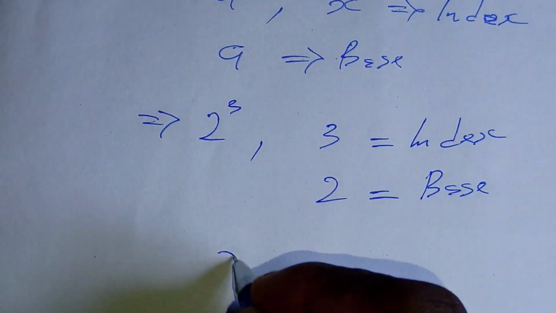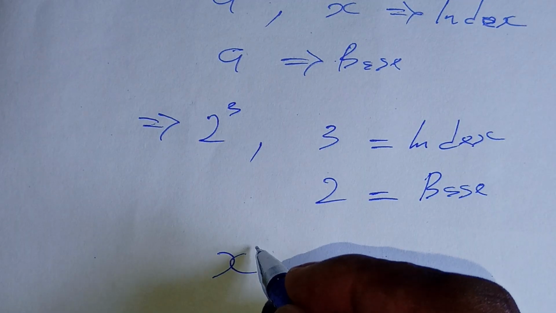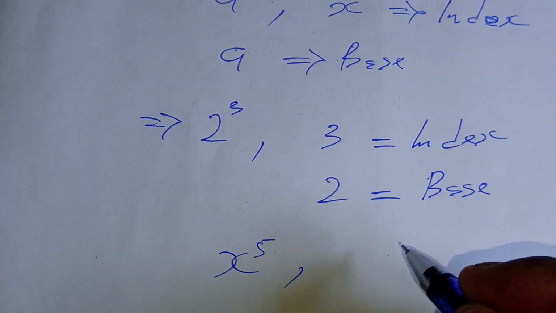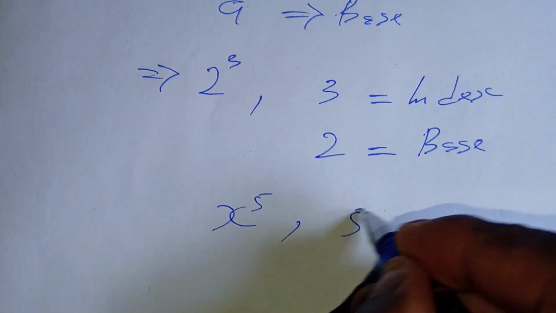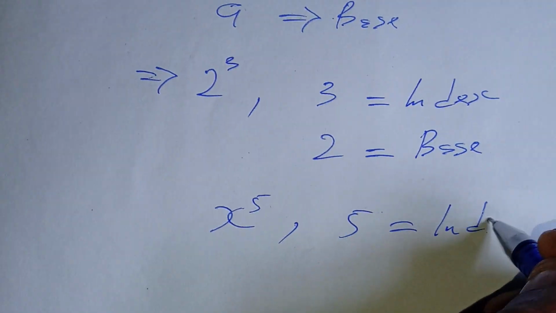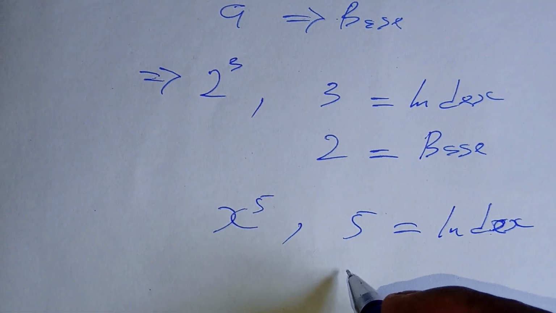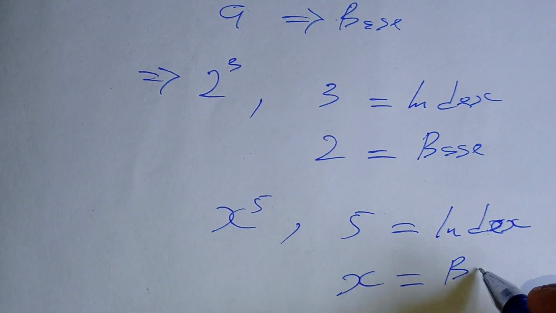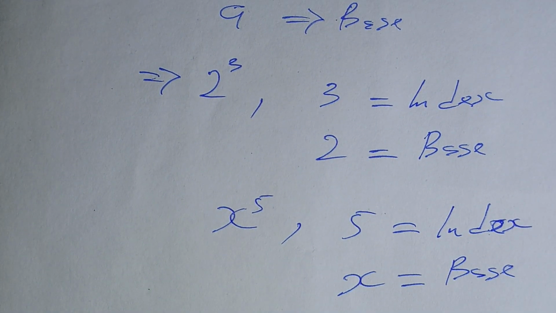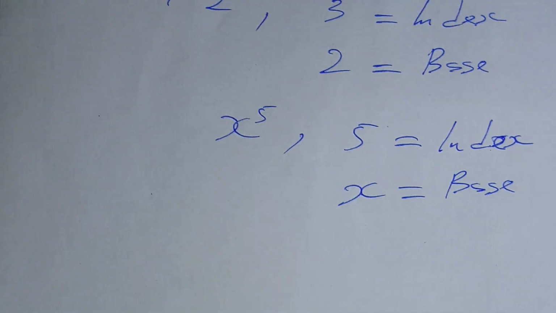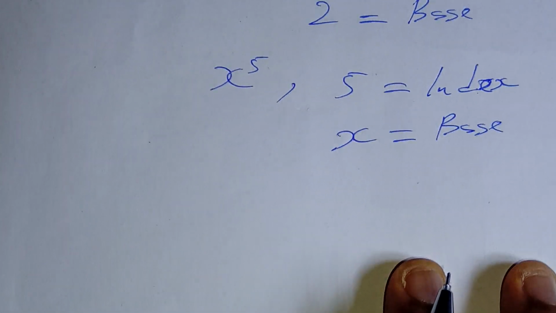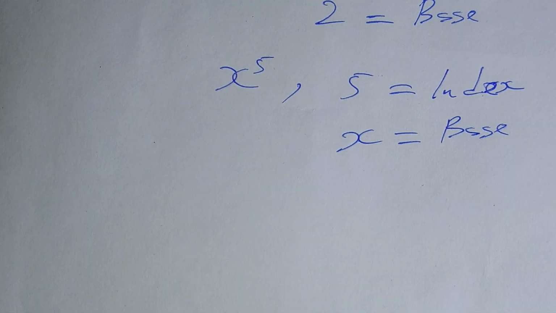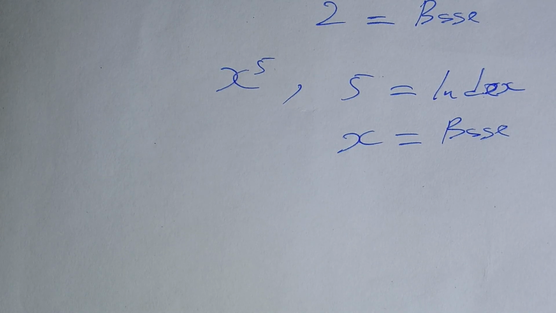If I have x raised to power 5, then 5 is the index, while x is the base. So this is the background for which you can build upon. An index is the power to which a number is raised. The number or the symbol or whatever that is raised to the power is called the base.